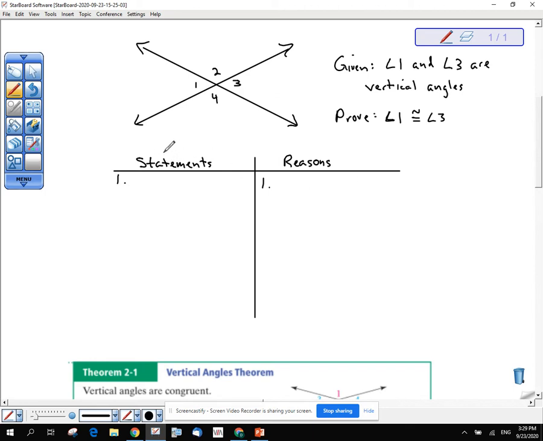Everybody can write statements. Everybody can write reasons. This is what we'll do with every proof. And then everybody can write number 1. So we haven't had to do anything yet that makes our brains work, and you can get this far. Not only that, you can go ahead and put this given right here. You can say angle 1 and angle 3 are vertical angles.